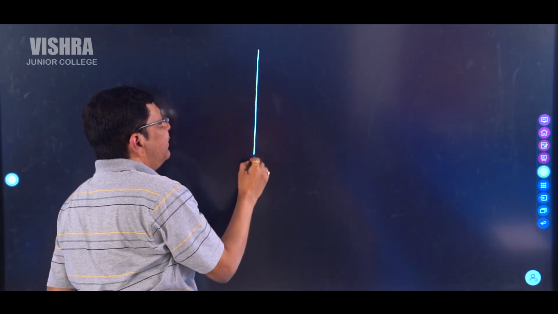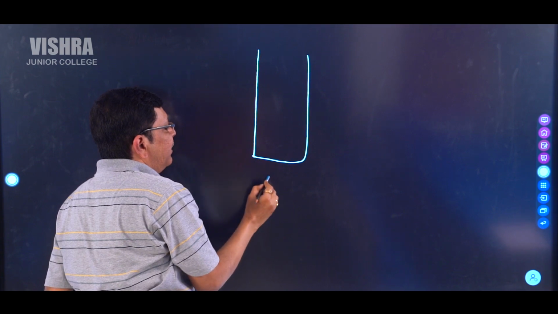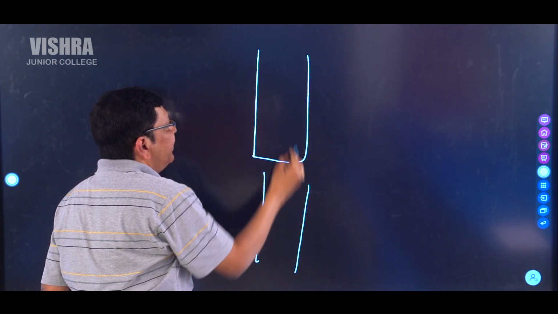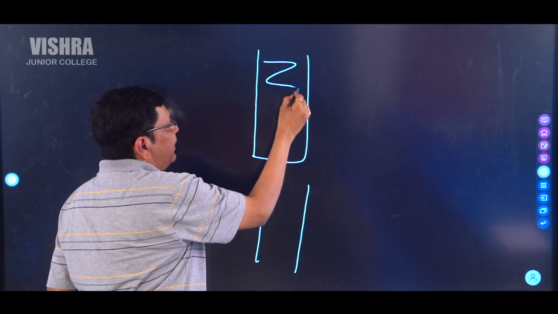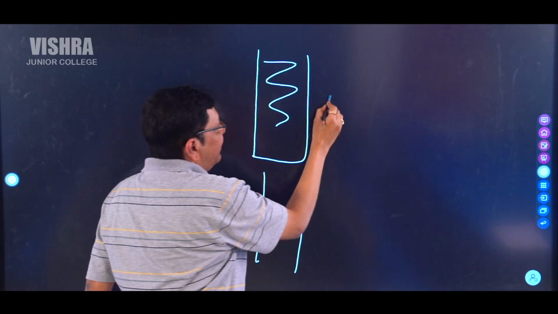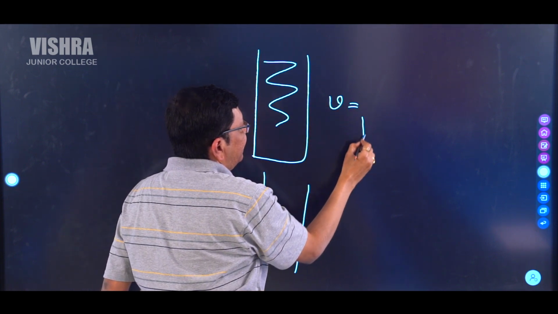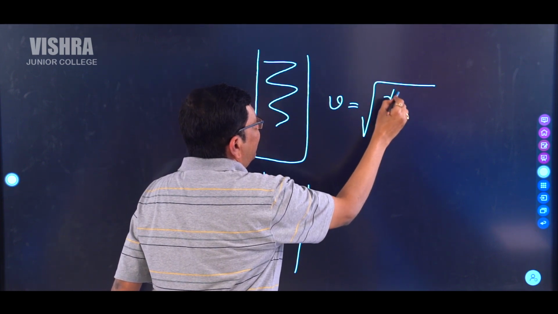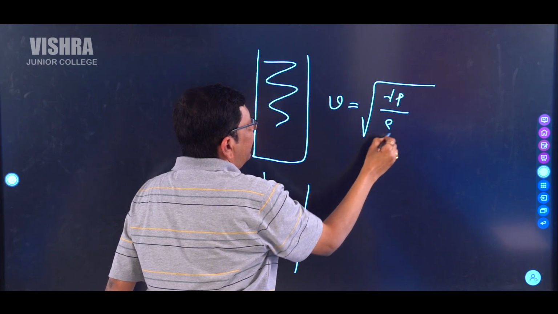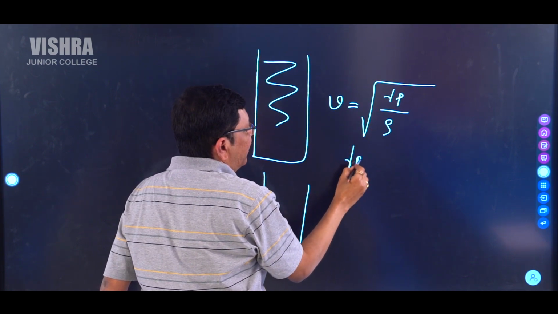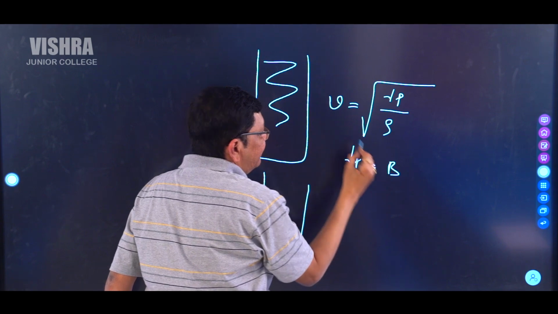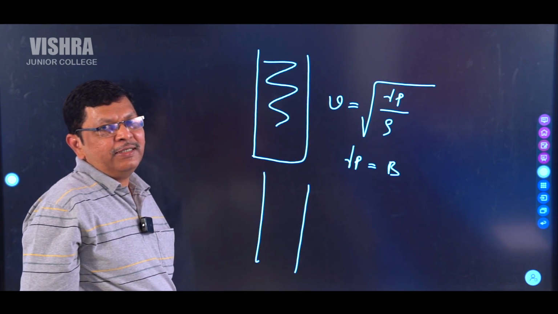In the case of a closed organ pipe or an open organ pipe, we are getting stationary waves in the air column, and the velocity of longitudinal waves in an air column is under root of gamma p by rho, where gamma p is the bulk modulus of elasticity according to the Newton-Laplace equation.